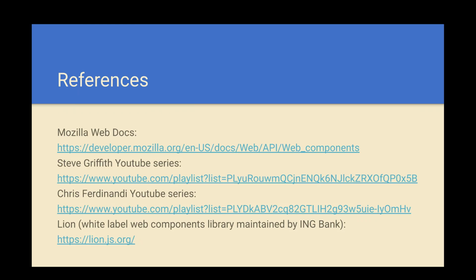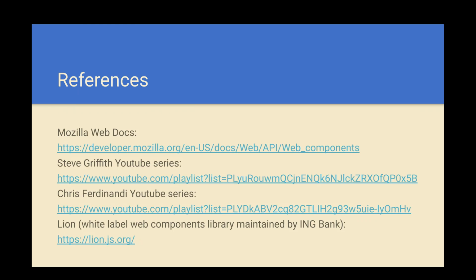The Lion framework is one that I'm going to bring up because it was developed by ING and they open sourced it. So you can use their white label components. It is basically a whole book of web components that have little to no native styling on them. They're fairly raw, but they are built with accessibility in mind and stylability in mind.